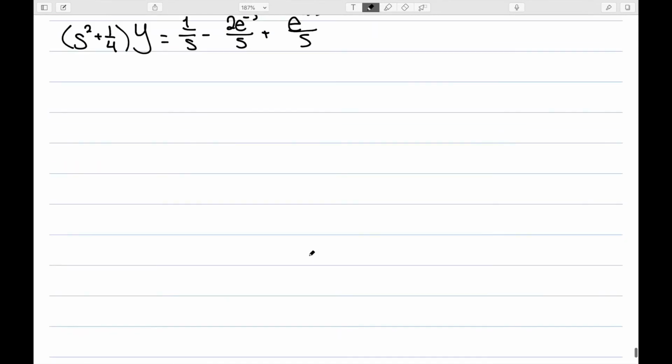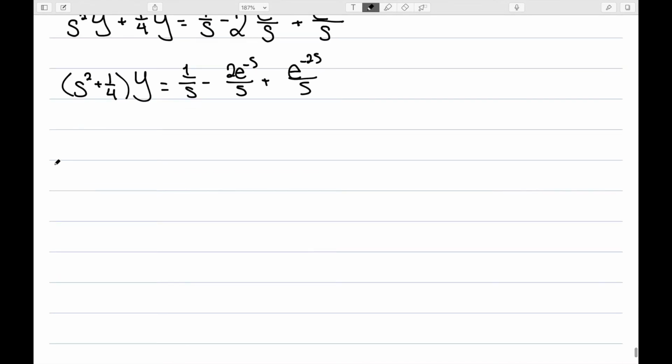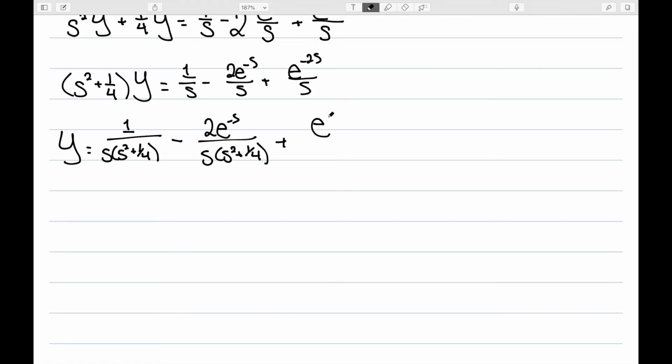So as we scroll down, I'm going to divide, and I get Y is equal to 1 over s times s squared plus 1/4, minus 2 e to the minus s over s times s squared plus 1/4, plus e to the minus 2s over s times s squared plus 1/4.